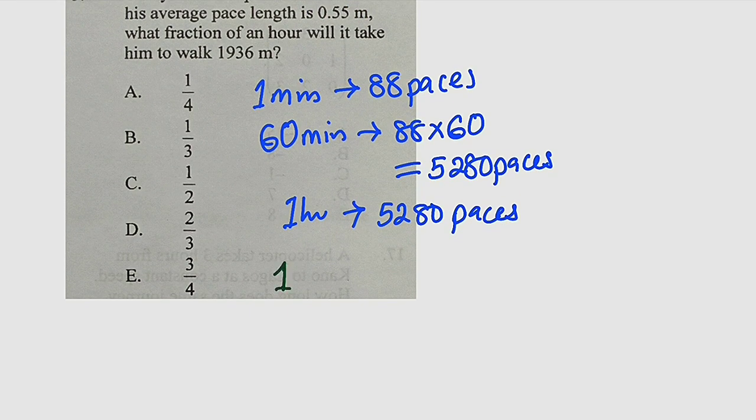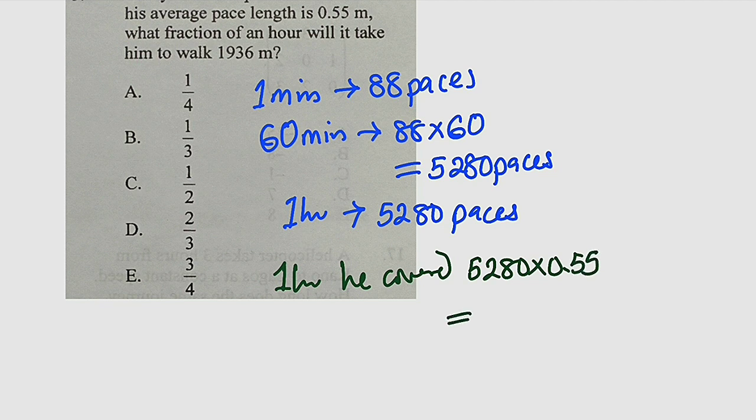So in 1 hour, he covered 5,280 times 0.55. Let me see what this will give us. This is 2,904 meters. So this is what he covered in just 1 hour.